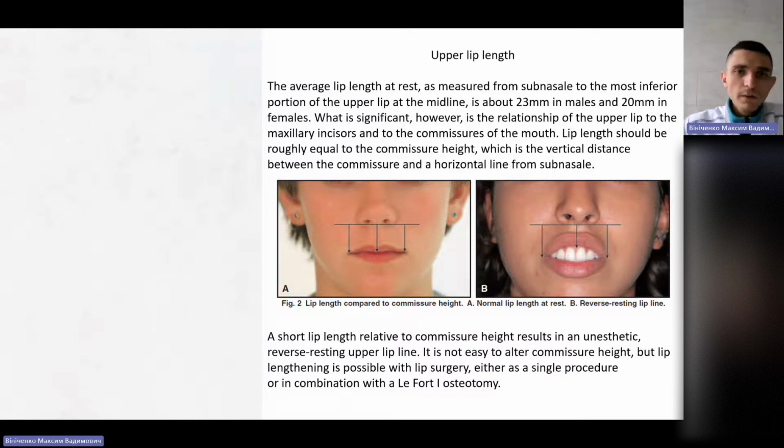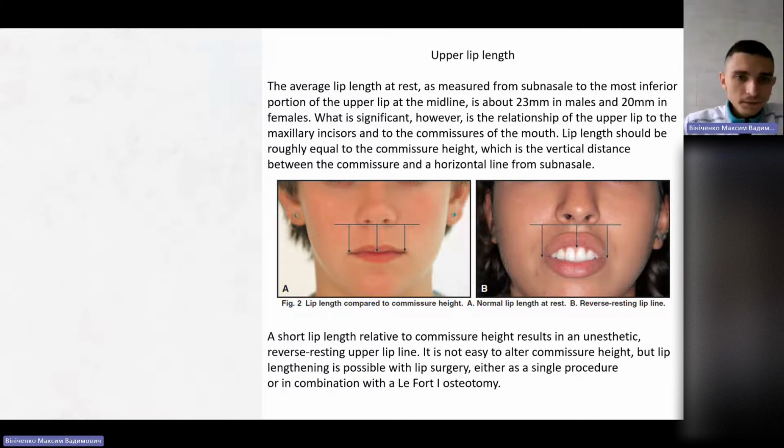What is significant, however, is the relationship of the upper lip to the maxillary incisors and the commissures of the mouth. Normal lip length should be roughly equal to the commissure height, which is the vertical distance between the commissure and the horizontal line from subnasale. Here you can see in this picture, made a little closer, lip length compared to commissure height.